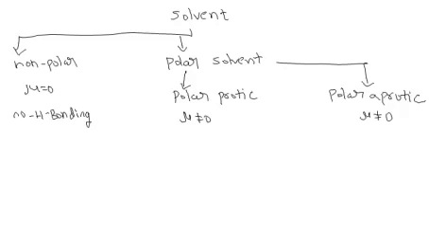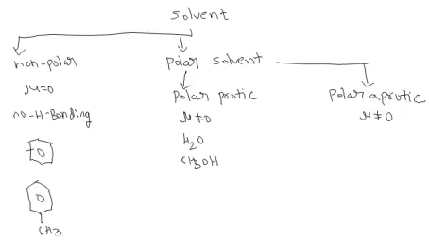Non-polar examples are benzene, toluene, like that. Examples of polar protic solvents: H2O, CH3OH, and ethyl alcohol.